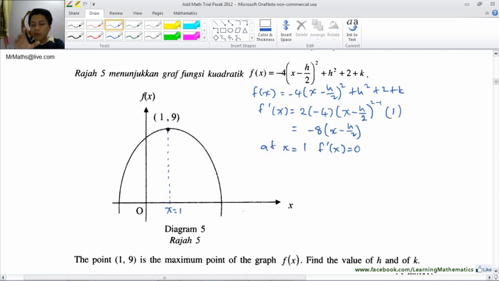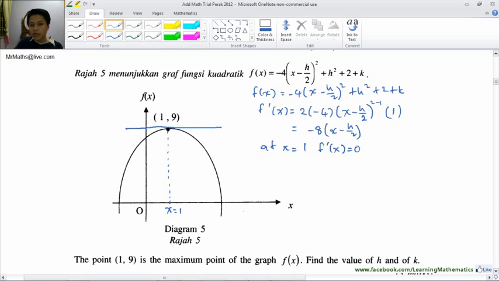Remember, f prime x is the differentiation of the function of x. Then f prime x is the function of the gradient of the curve. And at the maximum point, the gradient of the curve is 0. I hope you can see it, okay? That is the tangent of the curve at the maximum point, and that tangent gradient is 0. So f prime x is 0 at x equal to 1.